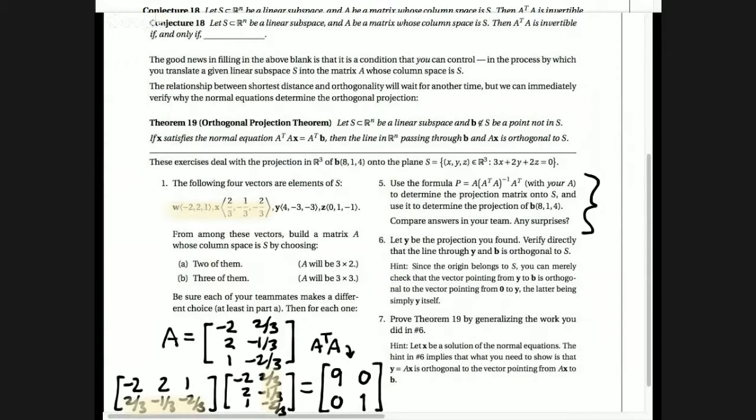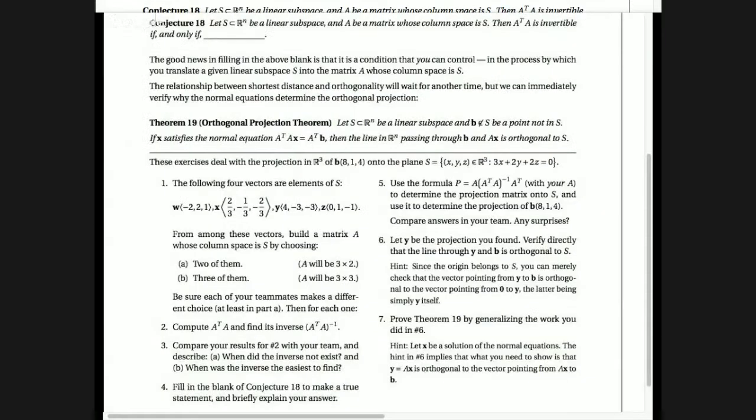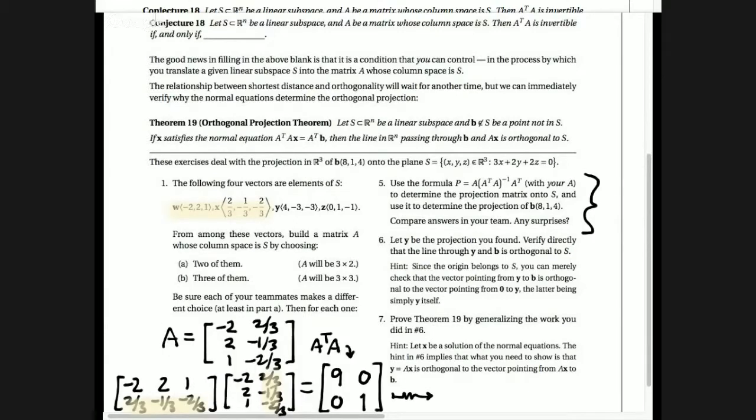And if that's A transpose A, then it turns out that that's a really easy matrix to invert. So here A transpose A inverse, because this matrix was diagonal, its inverse is just the matrix with the reciprocals on the diagonal: 1/9, 0, 0, 1.